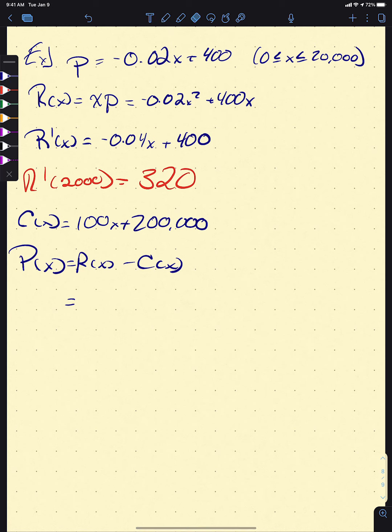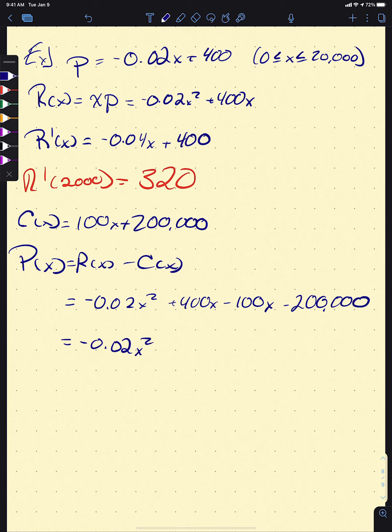Our r of x, we know, is minus 0.02x squared plus 400x. And then we're subtracting 100x and subtracting 20,000. So that's going to give us a total of minus 0.02x squared, plus 300x, minus 20,000.